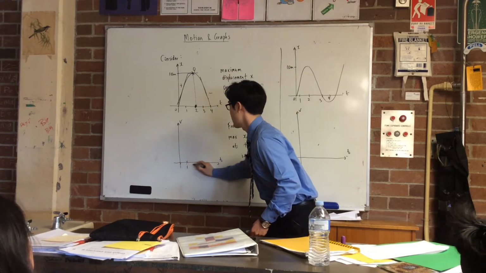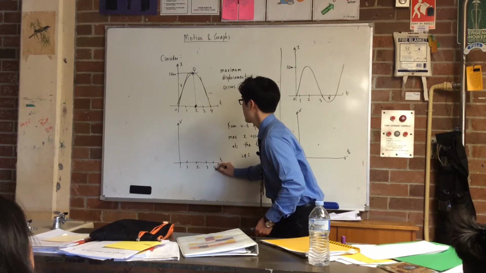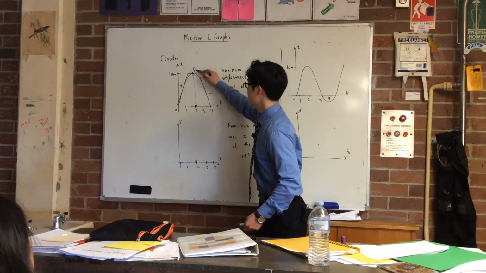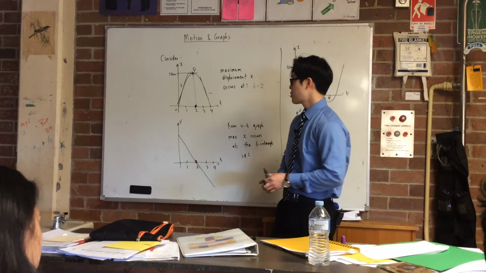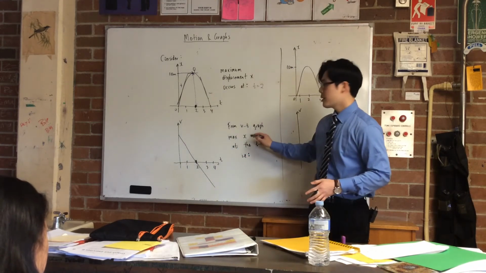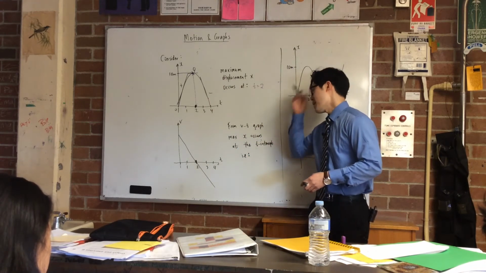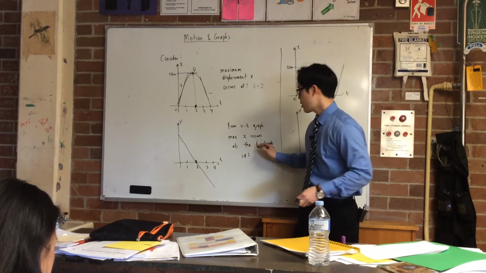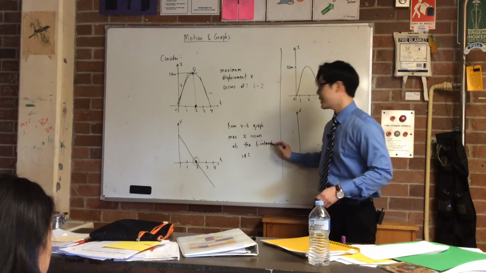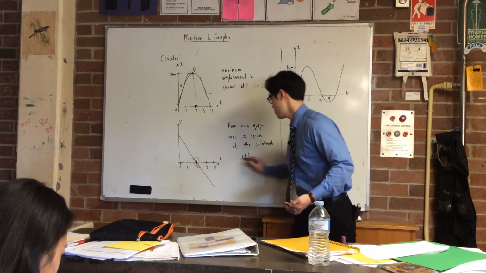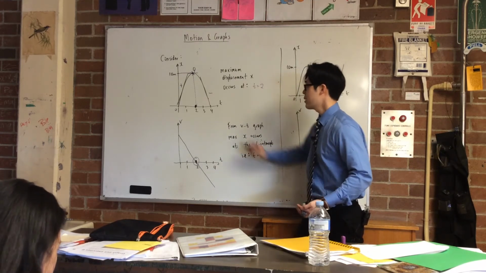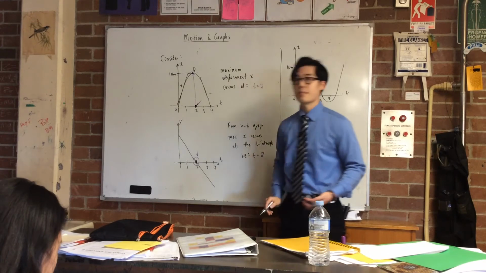Yep, so 1, 2, 3, 4, it has to go through positive, 0, down to negative. So that means it's just a straight line that goes this way, yeah? So to get the maximum displacement, it occurs at the t-intercept or the x-intercept. So in this case, t equals 2. Okay? And as you can see, it's the same answer.